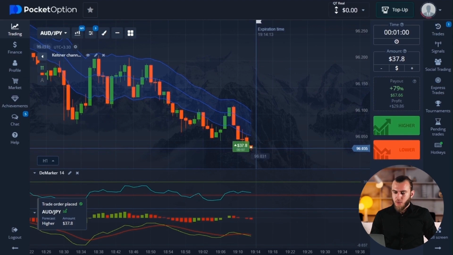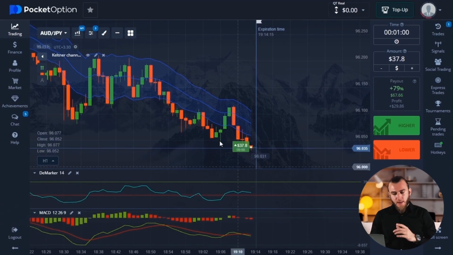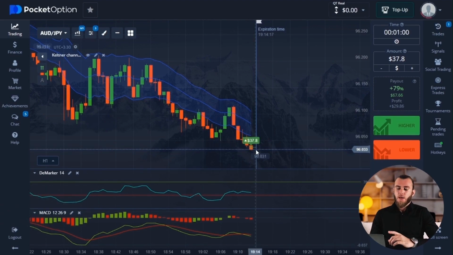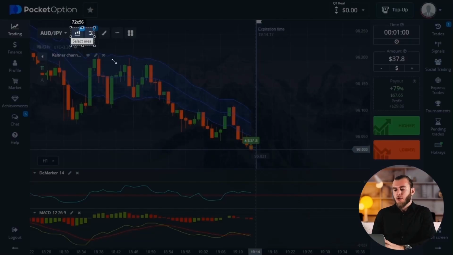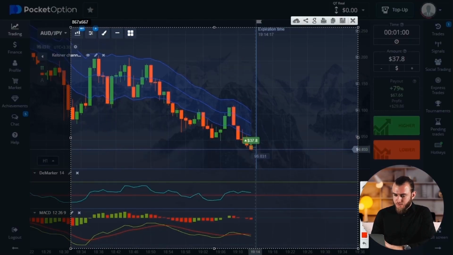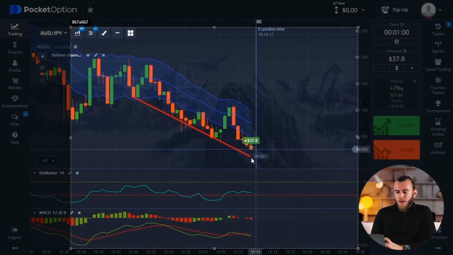Friends, I think it is appropriate to trade downwards in this situation. This may seem illogical, but let me explain why I still open such a deal. Let's draw a line through the highs of the candles. This is a kind of level along which the price dropped for about 30-40 minutes.